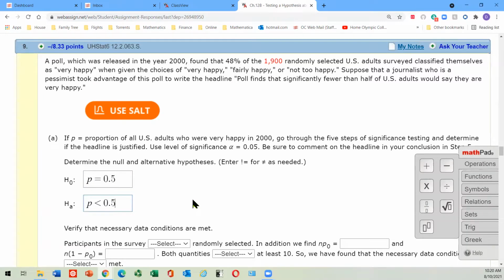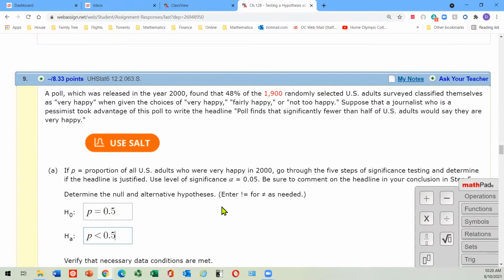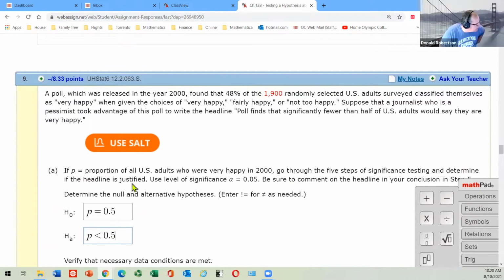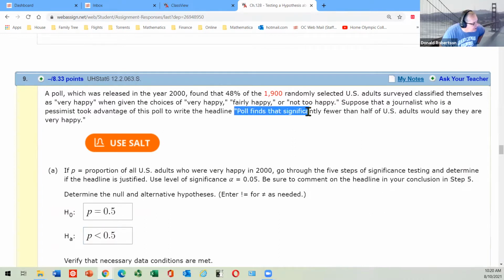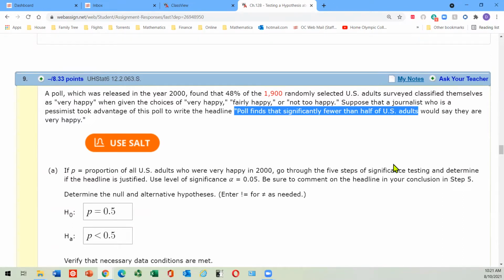Why less than? Say again, Sydney? Why'd you choose less than for the alternative? Because he went and said here, significantly fewer than half US adults. Oh, okay. So that was the key to that sentence. I'm just, half is just another way of saying 0.5, isn't it?